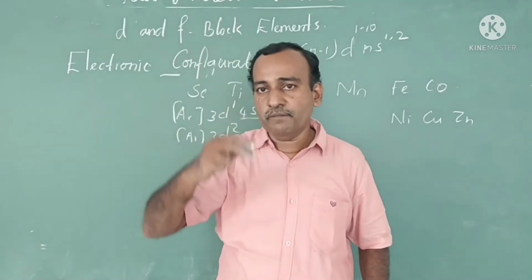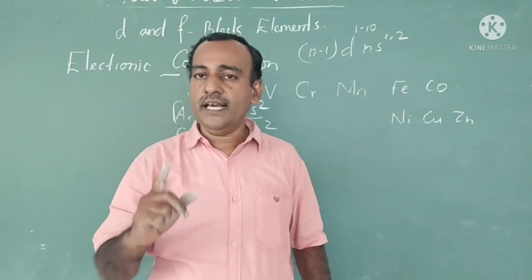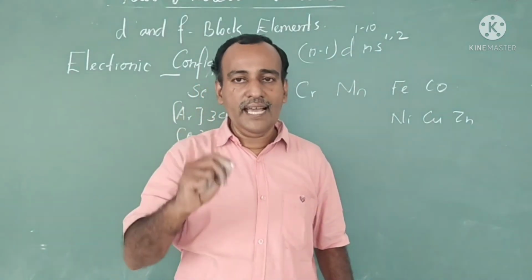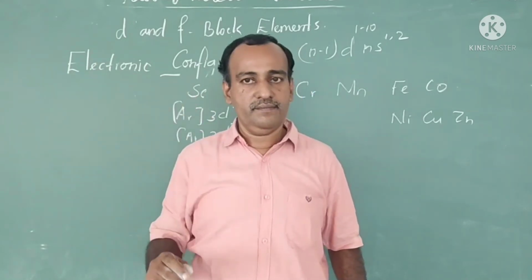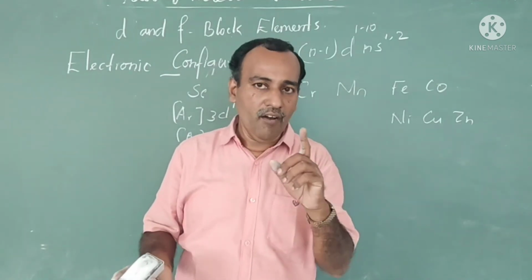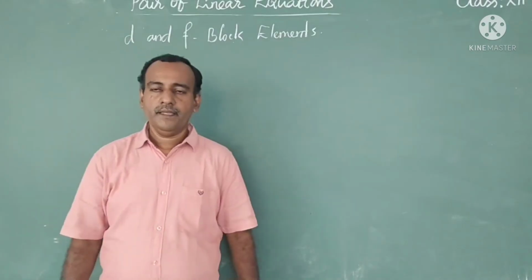Of course, when we move from top to bottom, they also have some identical properties, but that identity has a lot of discrepancies. Why? Because of the lanthanide contraction and actinide contraction, which we are going to study later.